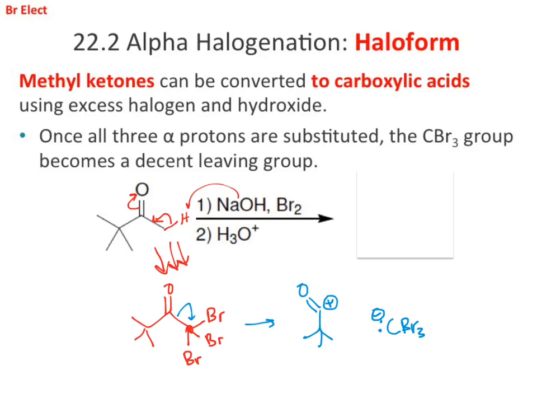Okay, that is a pretty good leaving group, and we have a pretty good carbocation as far as stability goes. Why is that carbocation relatively stable? What's its fancy name?